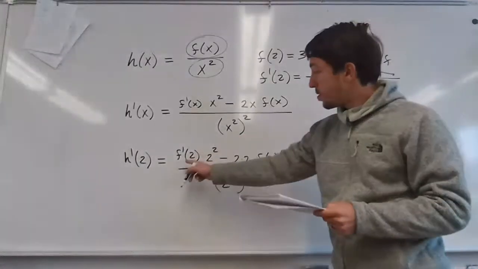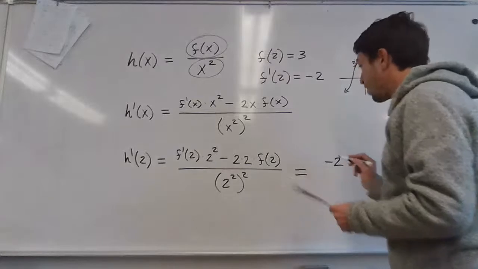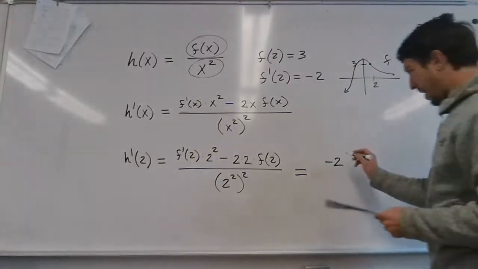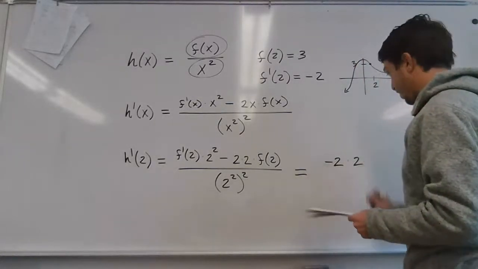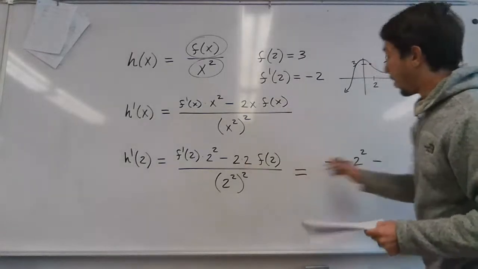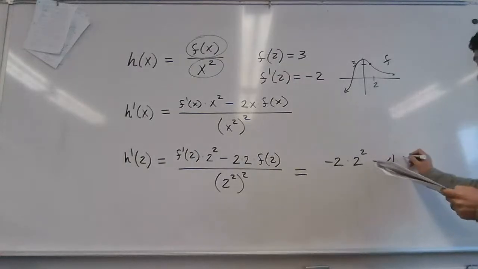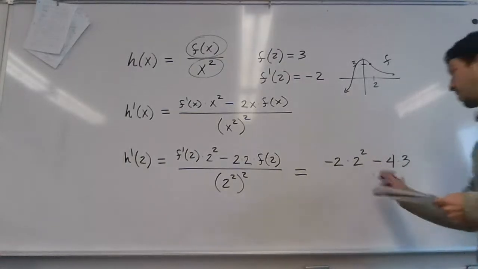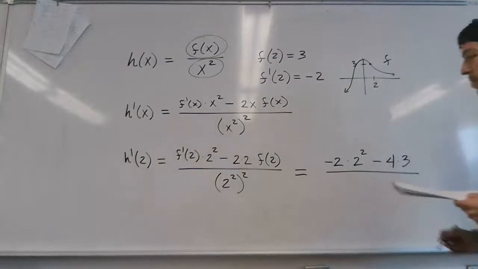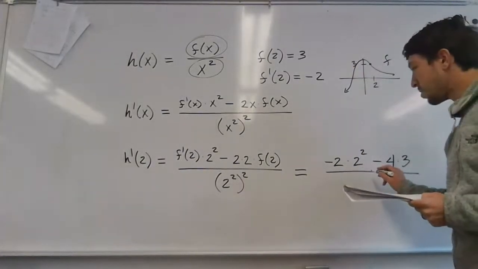f prime of 2, they told us that was -2. So -2 times 2 squared, that's 4, minus... now what's f of 2? 3. All over 4 squared, 16.